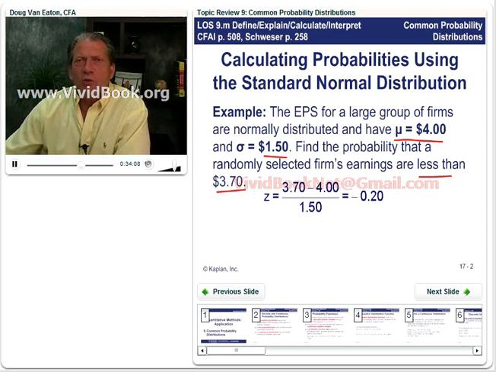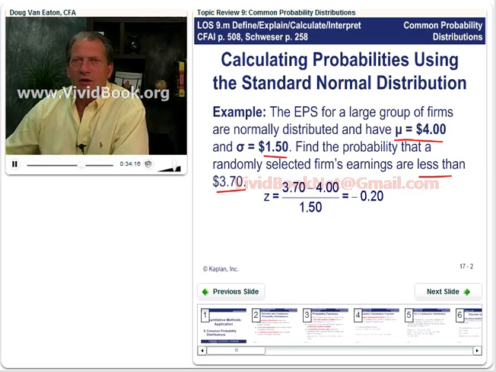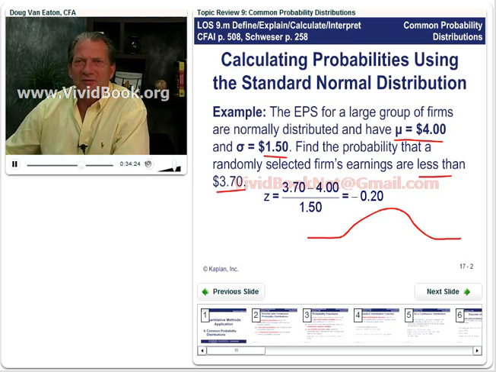And so we want to find out, what's the question? The probability the randomly selected firm's earnings are less than that. So if we're drawing a picture here, here's our mean. And again, sorry about the artwork, but that's it for me.